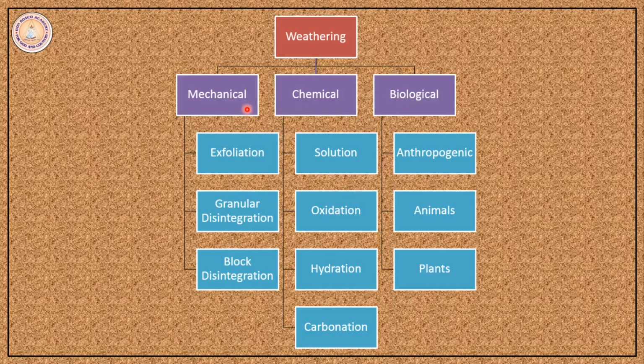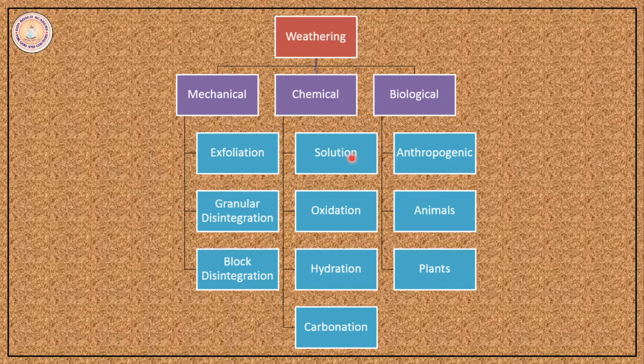It can be mechanical, we also call it physical; chemical, which means that the rocks break down due to chemical reactions and chemical processes; and biological, where human beings, animals and plants are responsible for the breakdown of rocks and ultimately leading to soil formation.